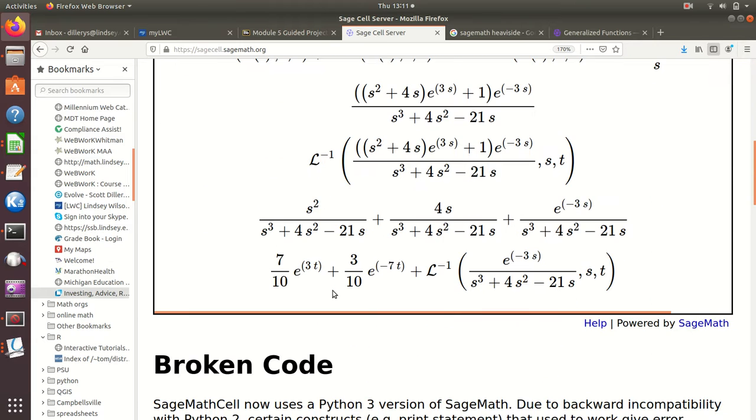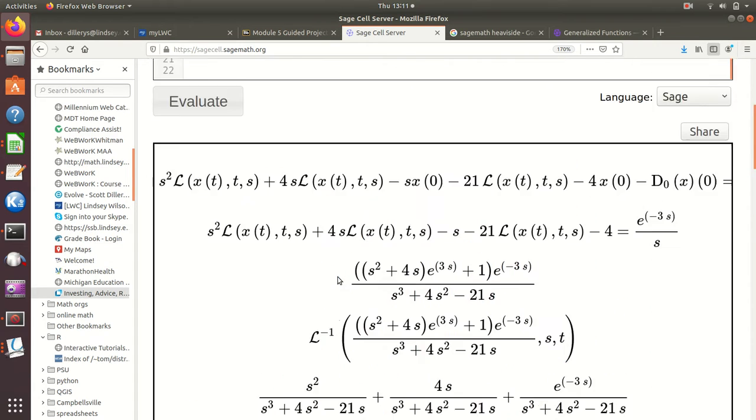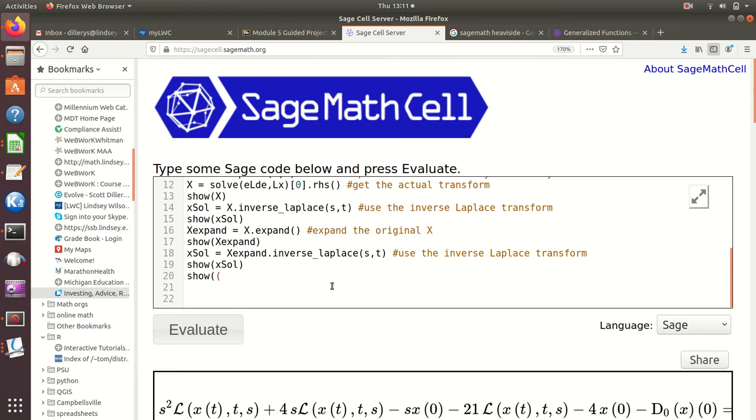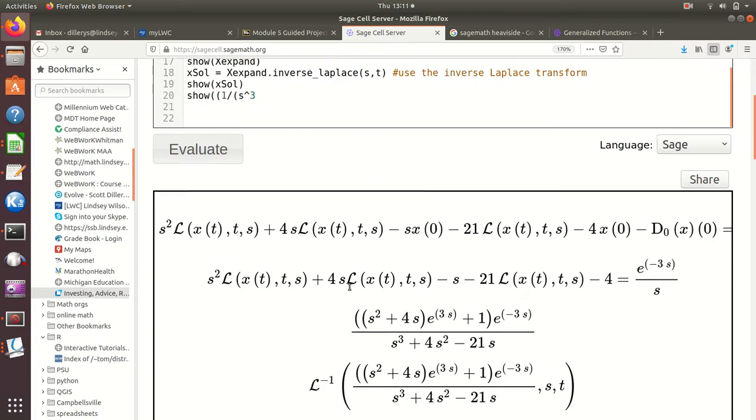See, this is the problem: s cubed plus 4s squared minus 21s. So 1 divided by s cubed, or s squared? S cubed.